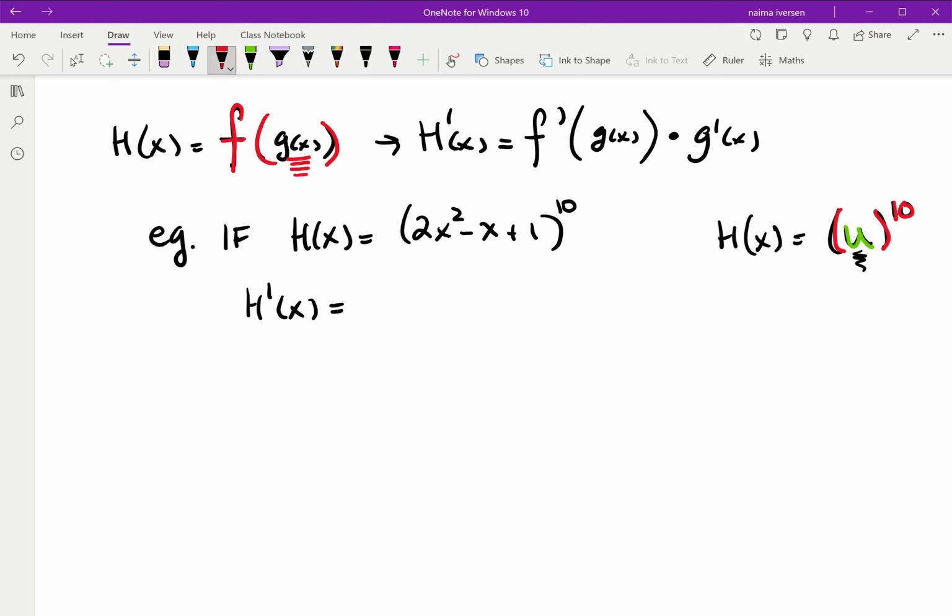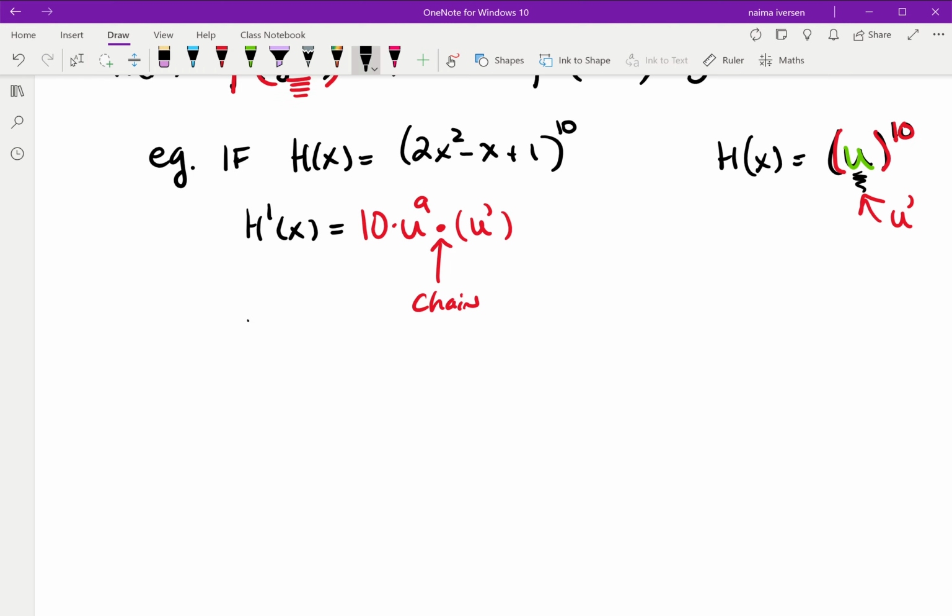You guys are capable of taking the derivative of u to the 10th. We bring the power down, we reduce the power by 1, and now things are different because we always chain it to the derivative of the inside. And the derivative of the inside is going to be u prime. So on the back here, I'm going to have u prime.